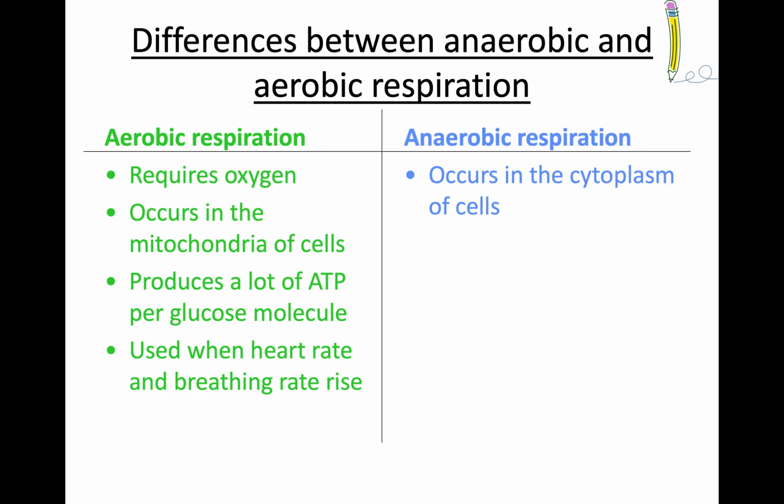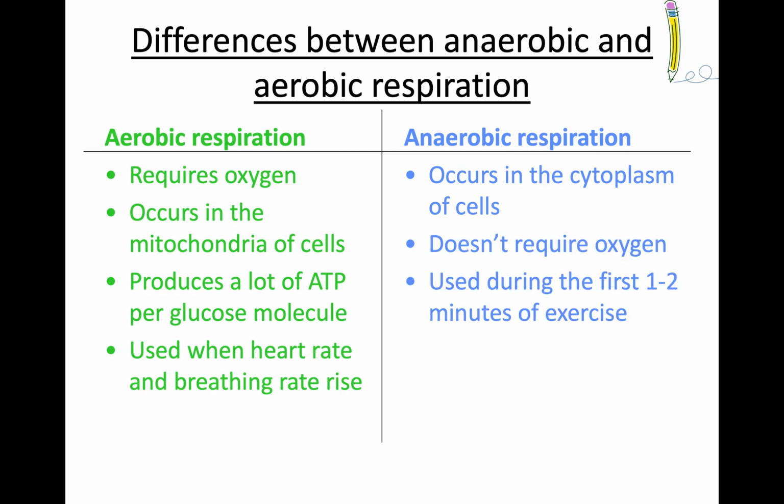Anaerobic occurs in the cytoplasm of cells, doesn't require oxygen, is used during the first 1 to 2 minutes of exercise, and produces less ATP per glucose molecule. So these are the key differences.